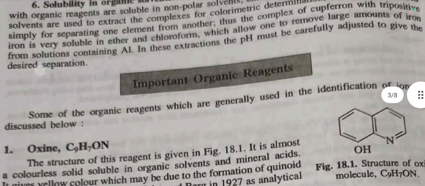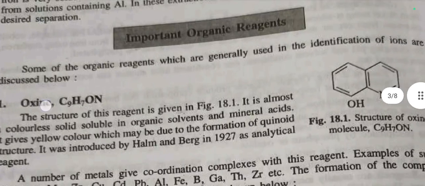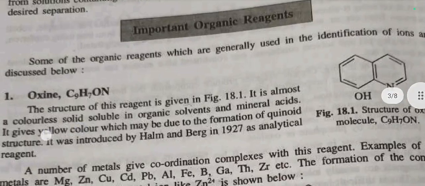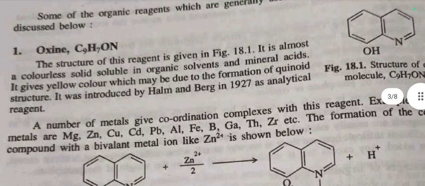Important organic reagents. Some of the organic reagents which are generally used in the identification of ions are discussed below. First, oxine, C9H7ON. The structure of this reagent is given in figure. It is almost a colorless solid soluble in organic solvents and mineral acids.